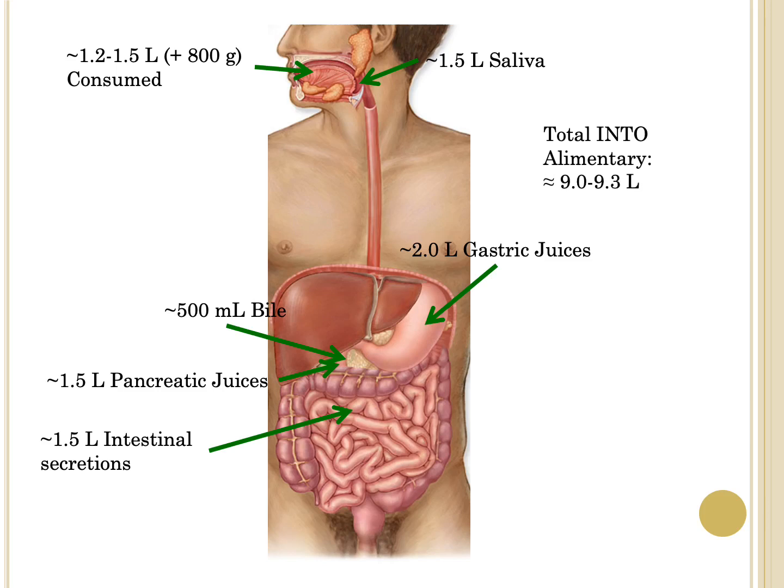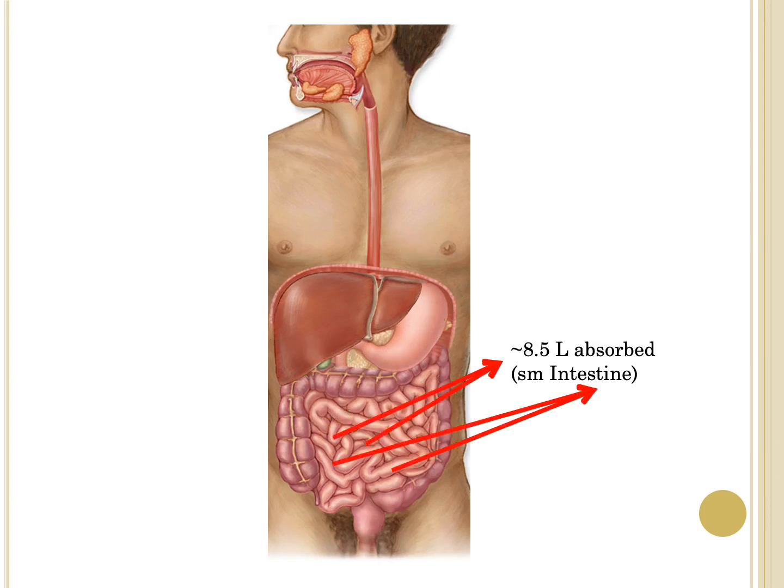Unless we're going to somehow get that 9 liters infused intravenously or absorb it through additional consumption of liquid, we have to get that 9 liters back. Of that 9 liters, 8.5 liters will be absorbed within the small intestine. About 350 to 500 milliliters will be absorbed within the large intestine, based on the hydration status of the individual.